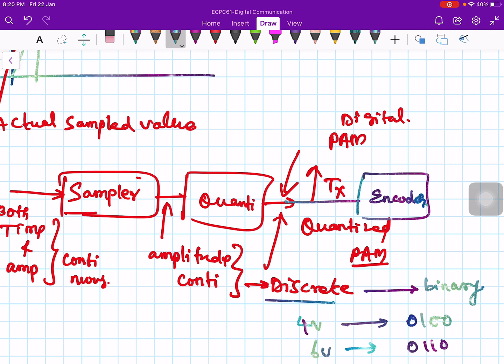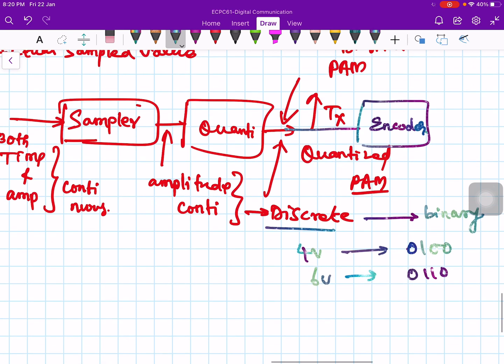So the job of the encoder is simply to introduce a binary representation for each of these quantized or discrete levels, and typically the binary representation will use a certain number of bits in the word. Here I have taken 4. It depends on the number of levels you are going to use.